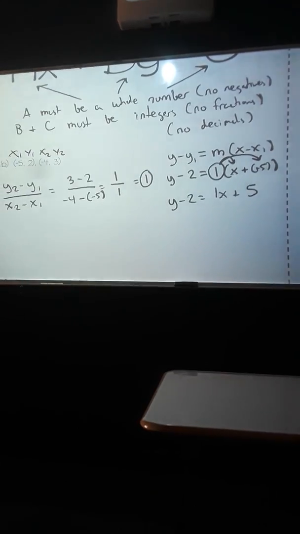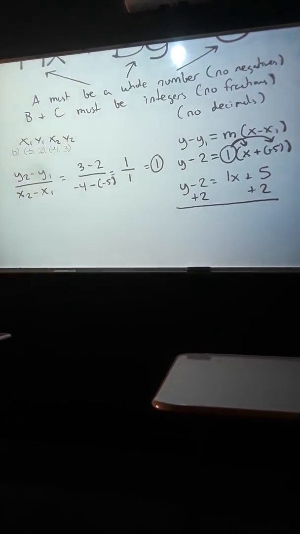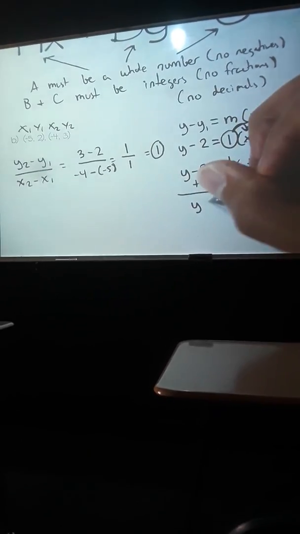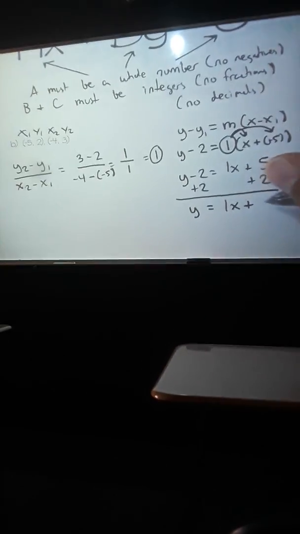So we do the inverse or the opposite of the number that we see with the y. So the opposite of negative 2 would be positive 2. So now we have y is equal to 1x plus 7. Great job, good. We went from point slope form to slope intercept.